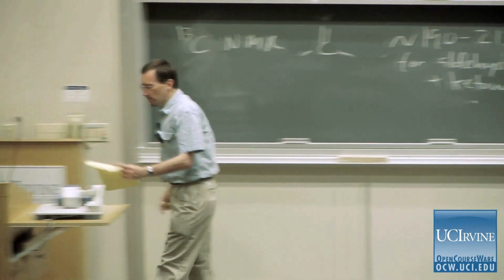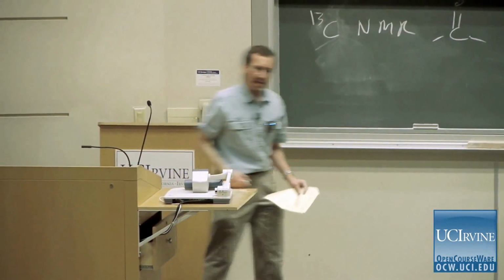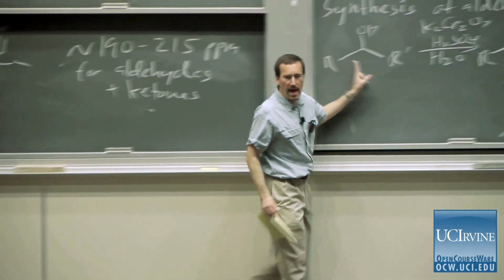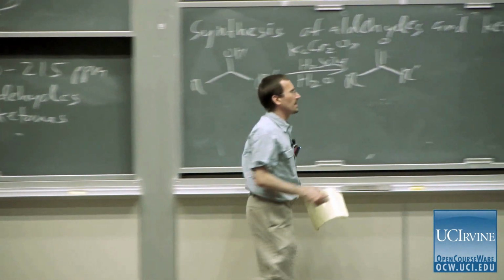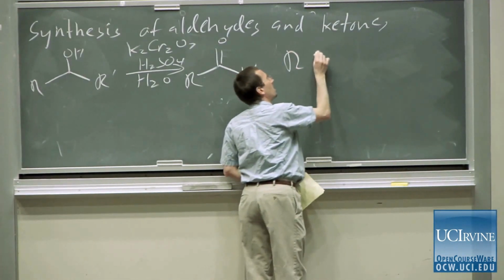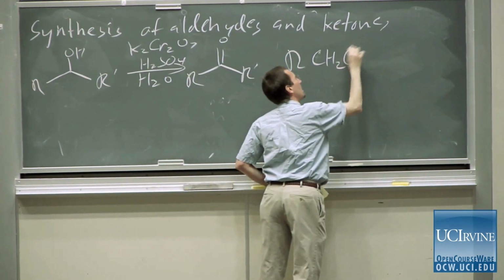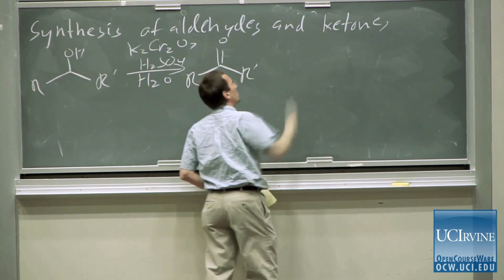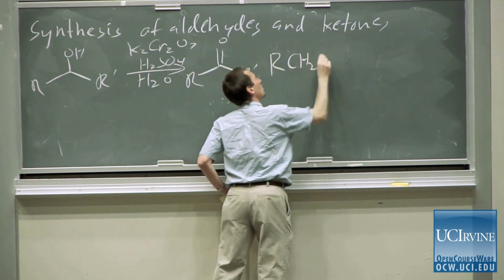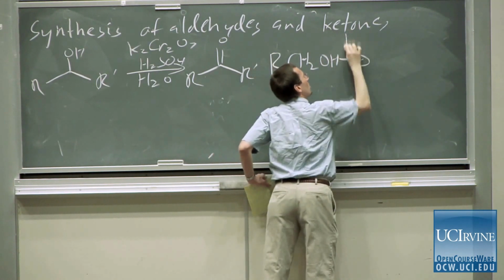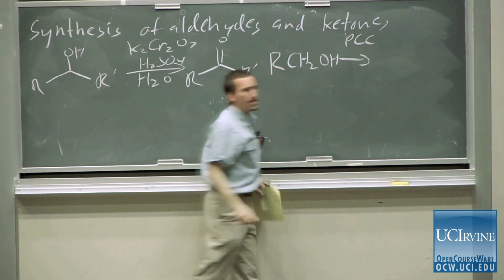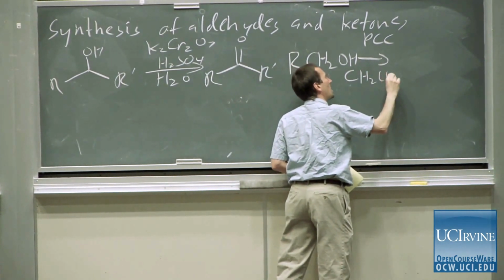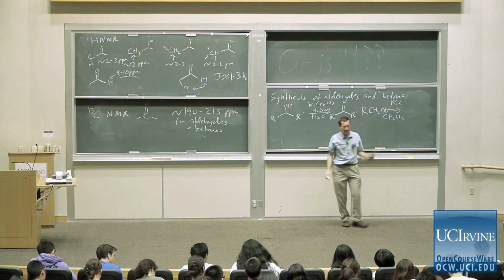Your textbook introduced you to the concept of selectivity. This reagent oxidizes primary alcohols directly to carboxylic acids, but if you take a primary alcohol, RCH2OH, and you treat it with the reagent PCC, pyridinium chlorochromate, often in methylene chloride, you need a non-hydroxylic solvent.